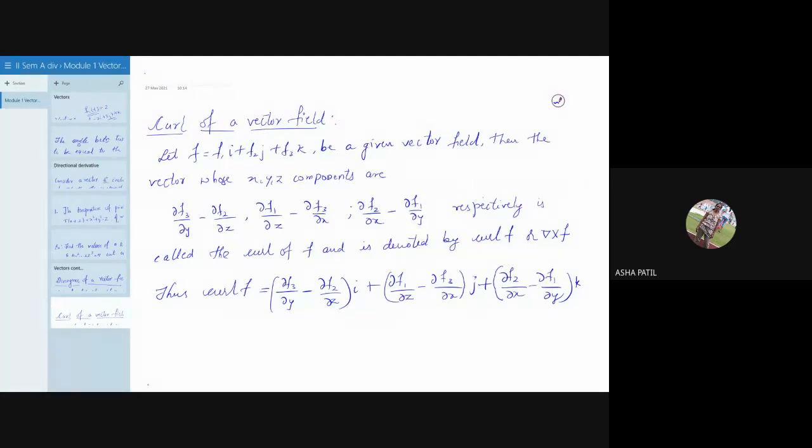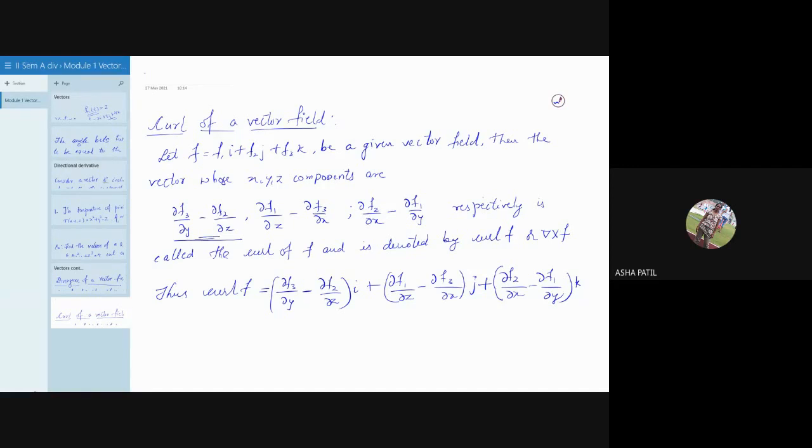So suppose you have a vector F equal to f1 i plus f2 j plus f3 k. The xyz components of this vector: dou f3 by dou y minus dou f2 by dou z, this is your x component.